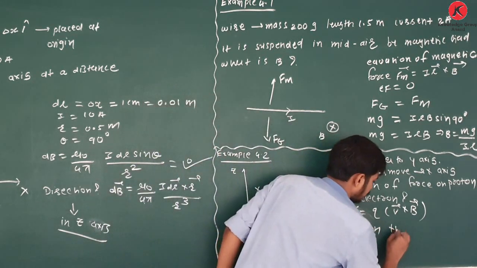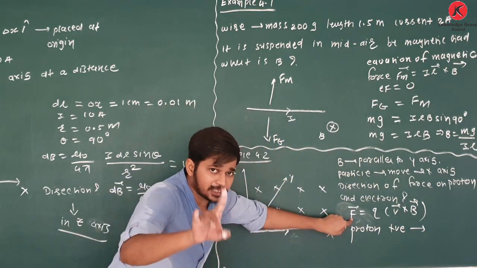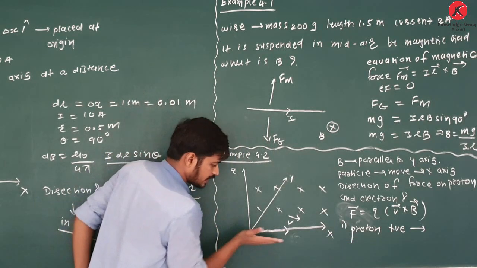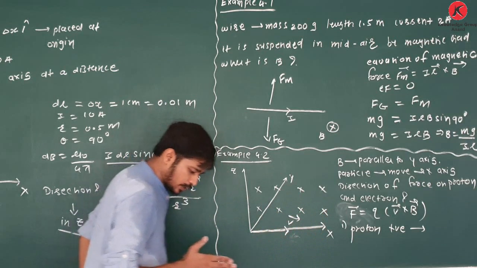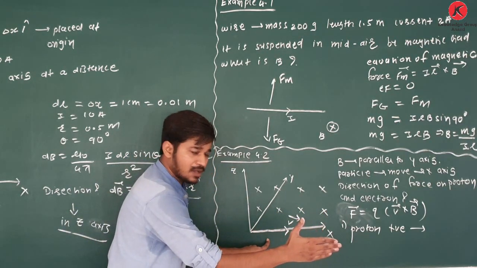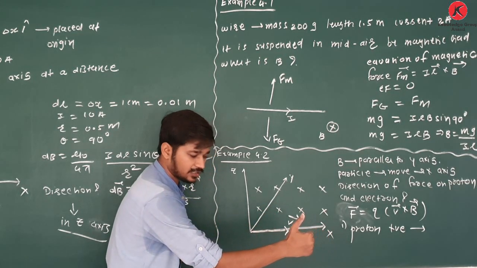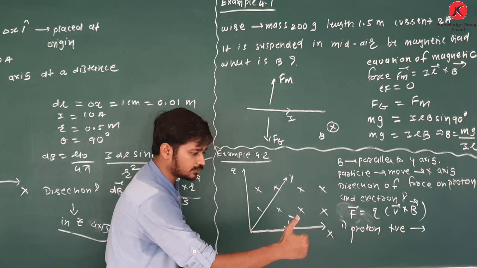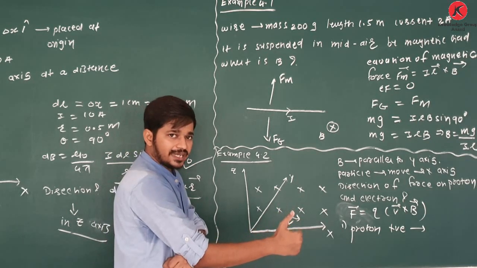Force is in the direction of V cross B. Here V is in this direction, the magnetic field is perpendicular inside. See, my right hand is in the direction of V. The magnetic field is perpendicular inside, so wrap your fingers towards the magnetic field's direction, which means inside. This thumb indicates the direction of force.